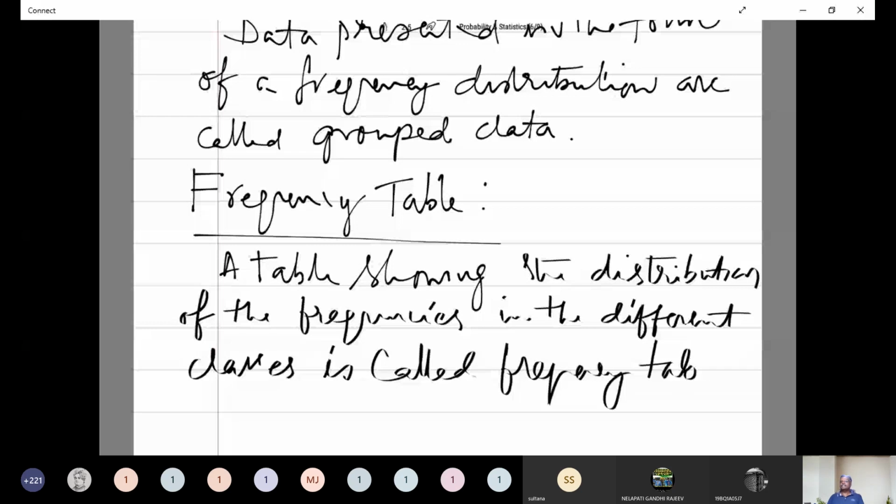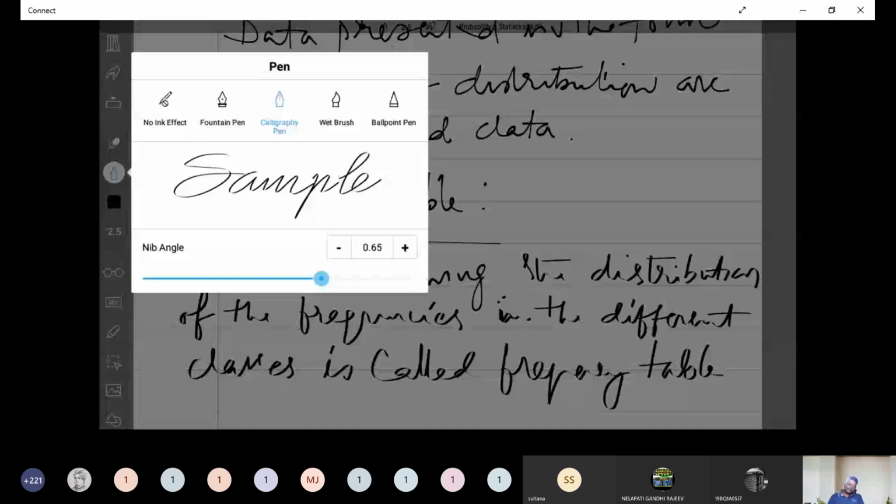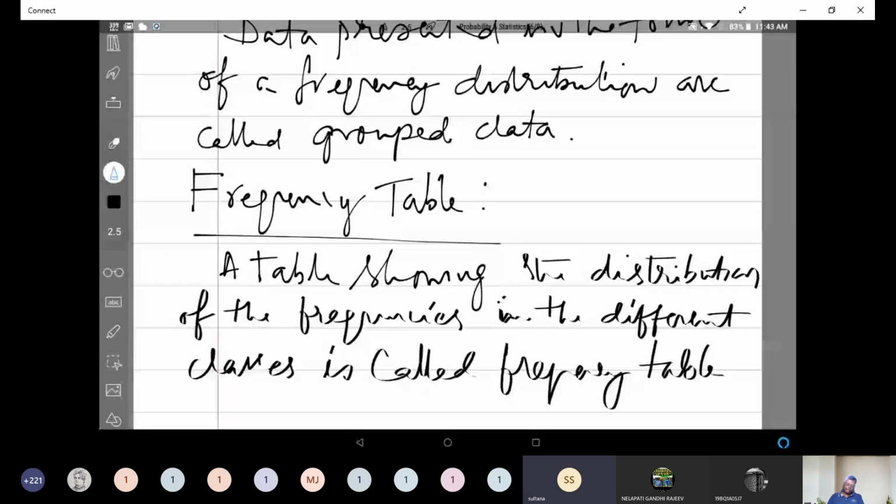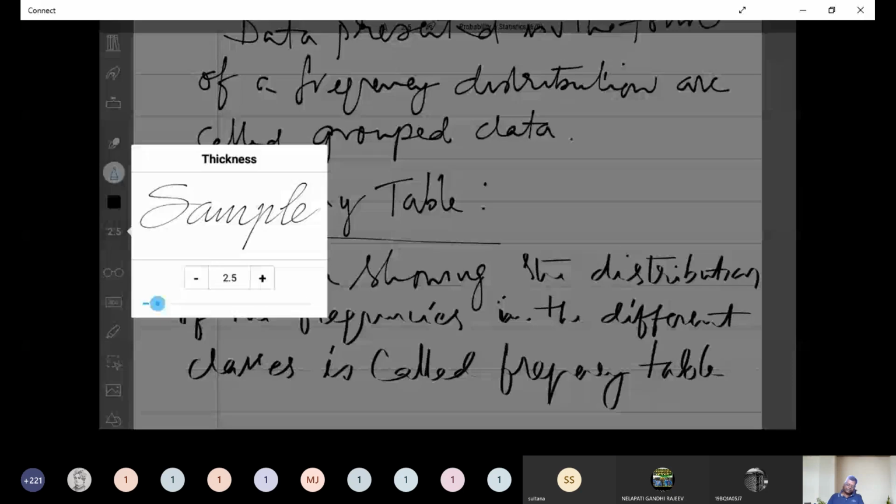That means it consists of the frequencies of different classes. Frequencies in the different classes is called the frequency table. Okay, that is the definition of the frequency table.